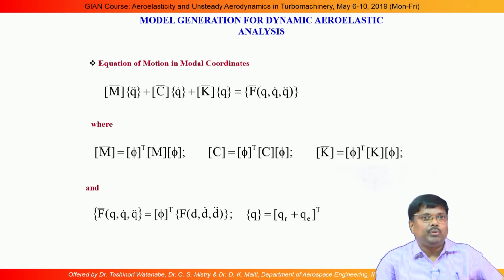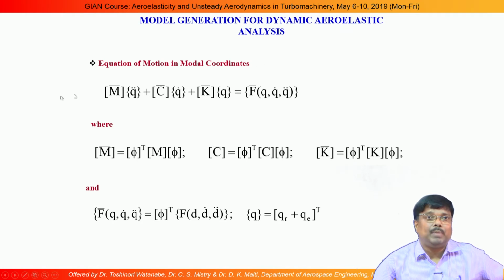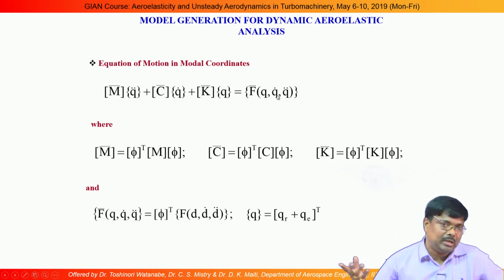With respect to phi we non-dimensionalize, and then we get all the terms: m bar is the modal mass, c bar is the modal damping, k bar is the modal stiffness, and the right hand side is the modal aerodynamic load, which is a function of q, q dot, q double dot.